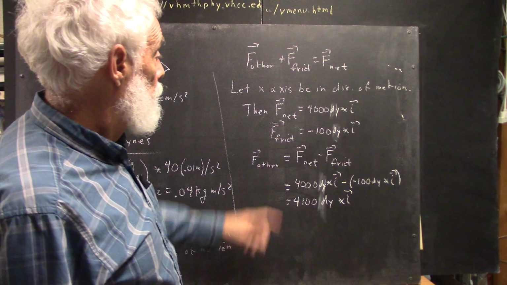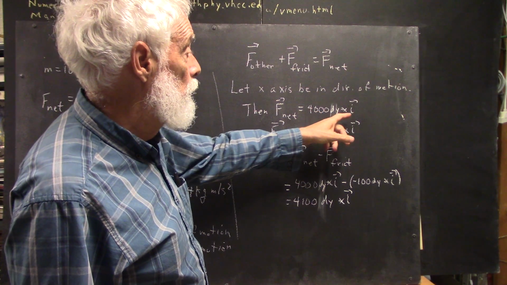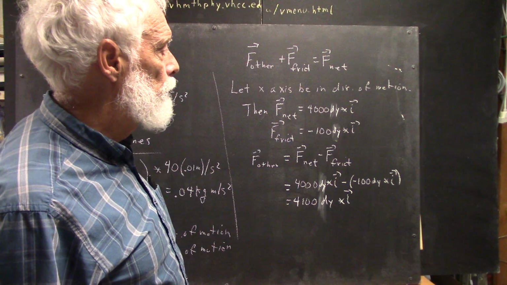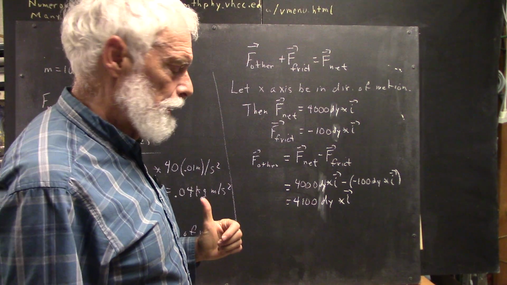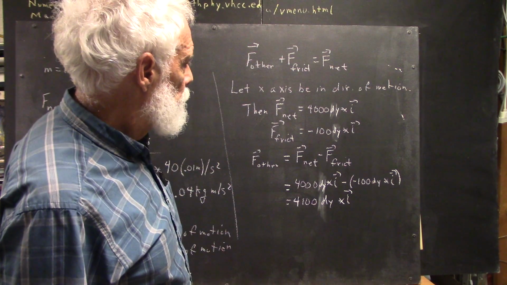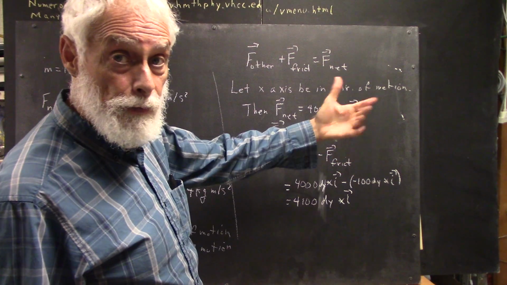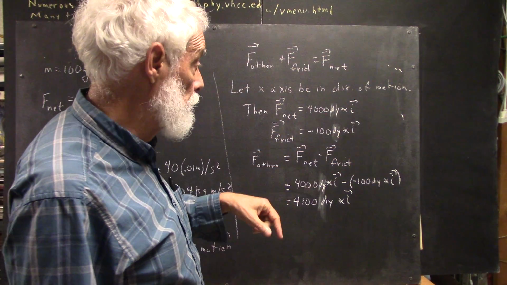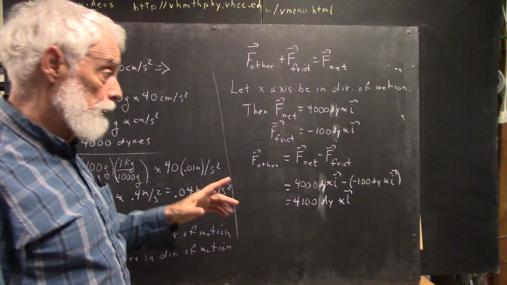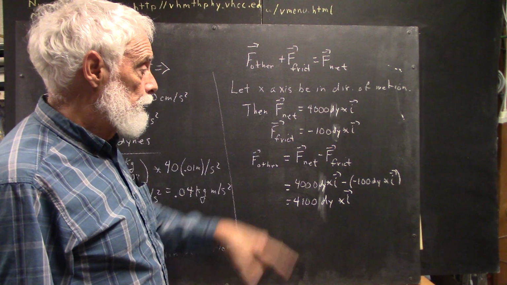In this case, the net force is plus 4,000 dynes times the i vector. We don't really need to use it because we could just use pluses and minuses, but we're all familiar with the vector notation. There's no j vector, no k vector. Everything's along a straight line, so it isn't completely necessary to use the i vector, but we're going to do it. Okay, so 4,000 dynes in the direction of the i vector.